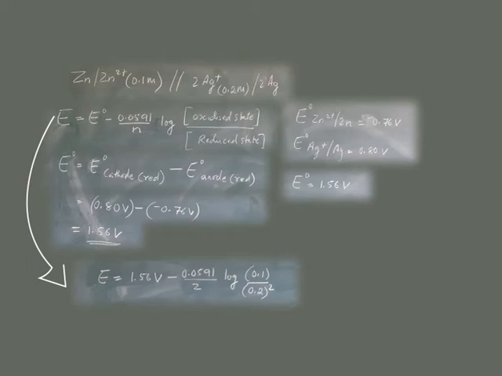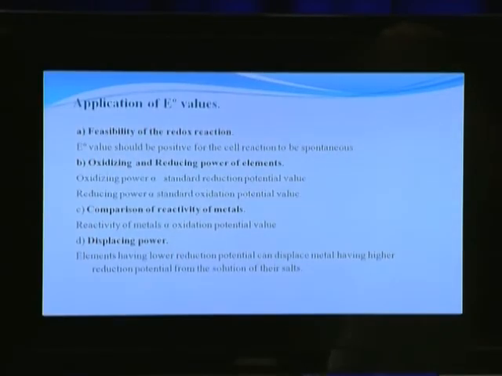But if the net EMF value is negative, then the cell reaction is not feasible. If the cell reaction is not feasible, how do we correct it? We have to interchange: make the cathode the anode and the anode the cathode, then we'll get a positive value. If we get a negative value, then that cell reaction is not spontaneous. It is not feasible. It will not take place. Therefore, we have to rectify that by reversing the anode into cathode and cathode into anode. So that is the first application of EMF values.